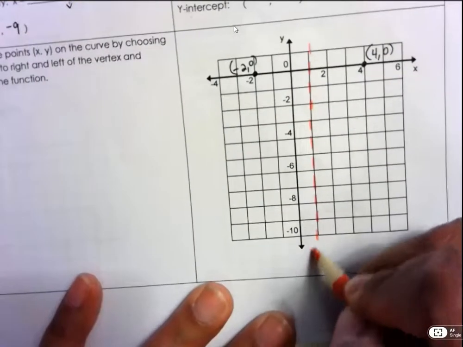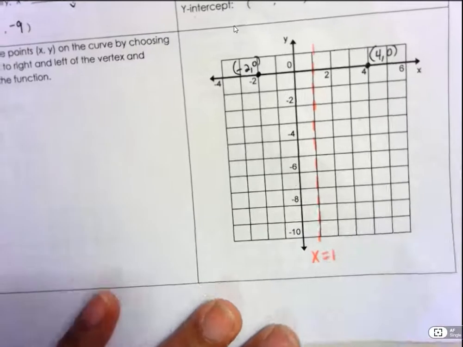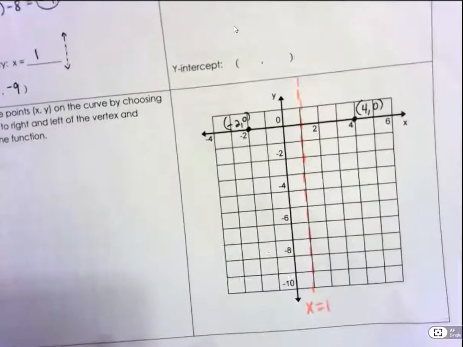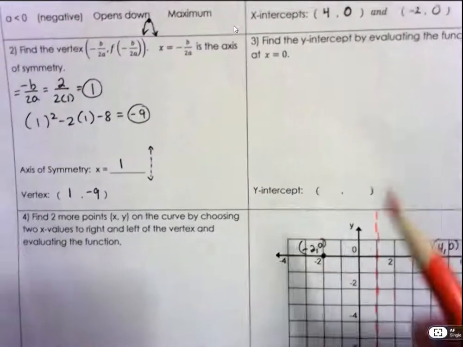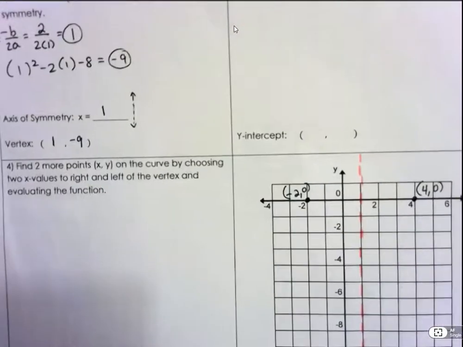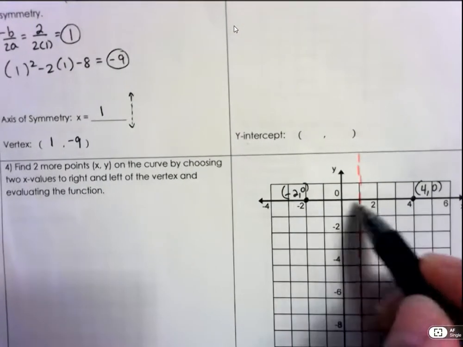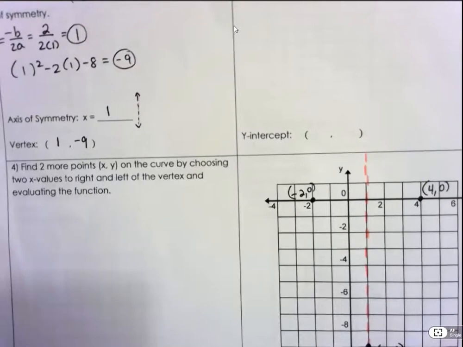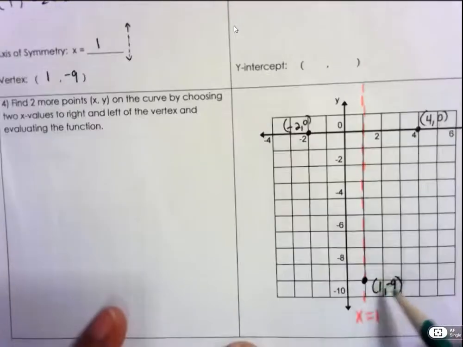I'm going to call that x equals 1. Okay? This is the axis of symmetry. And I'm going to plot the vertex, which is 1, -9. It's all the way down here. So 1, -9.